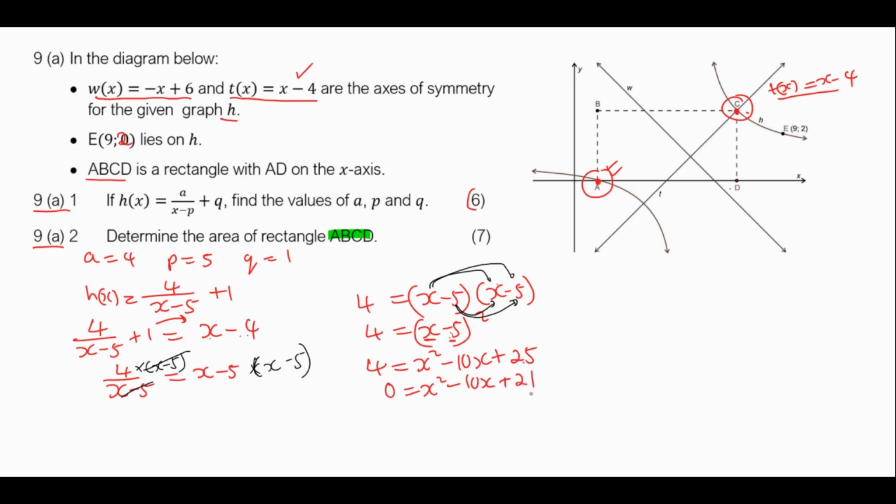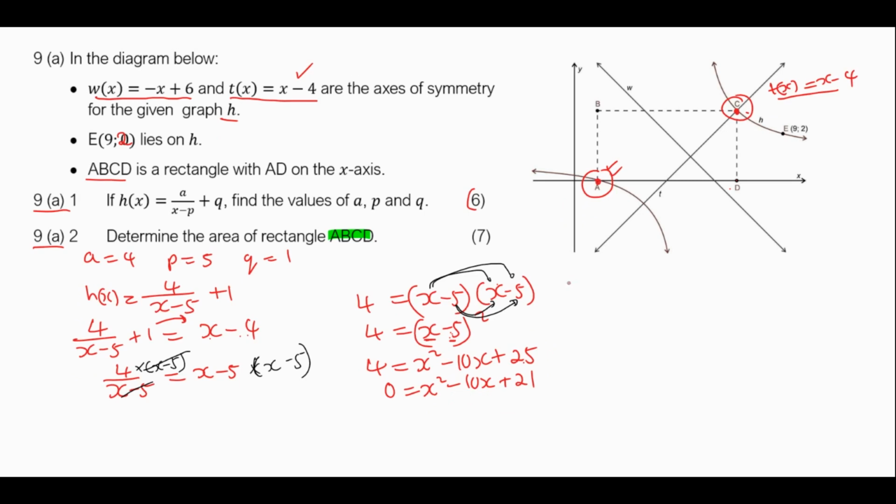that is positive 21. Then we look for the factors of positive 21 that will give us negative 10. This positive 21 shows us that the factors have the same sign, and the negative 10 confirms that the signs are the same, and those signs are what? Are negative signs.